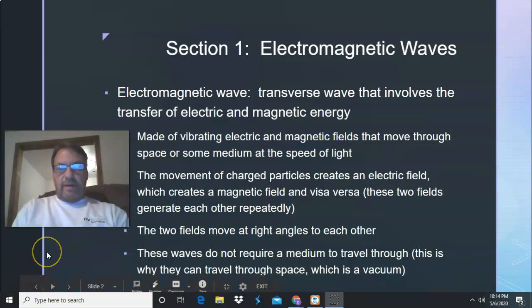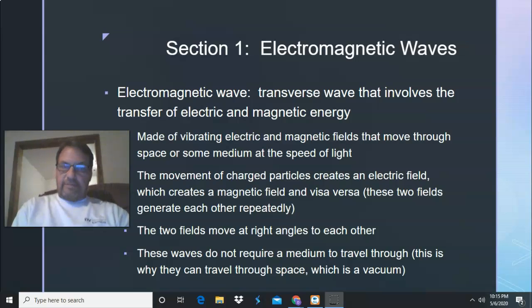So if we look at the comparisons, how are they alike? Well, they're both transferring energy. We know that's a similarity, and they both can travel through a medium, and that's a similarity. The mechanical waves can be either transverse waves, longitudinal waves, or surface waves, but the electromagnetic wave is a transverse wave. It is not a longitudinal or surface wave, and these travel at the speed of light.